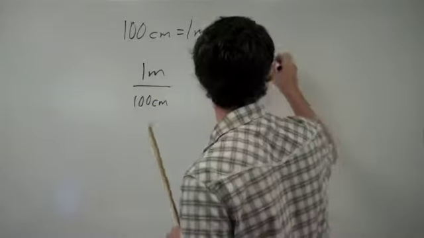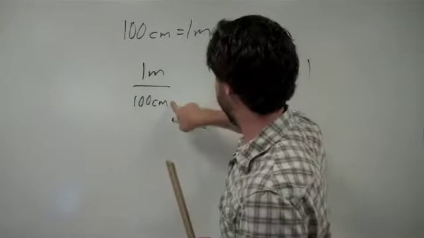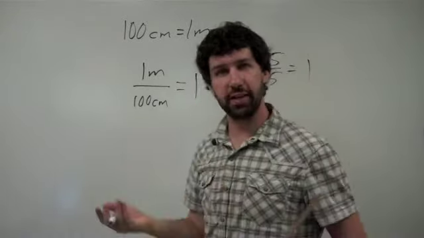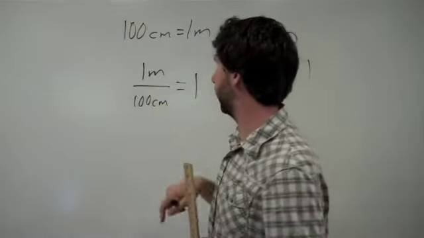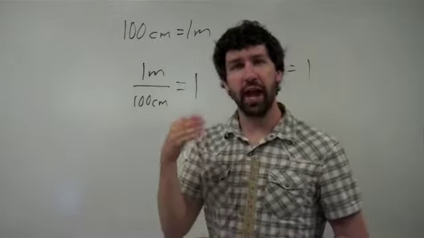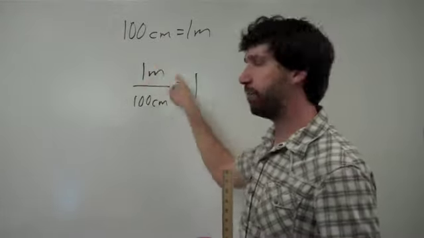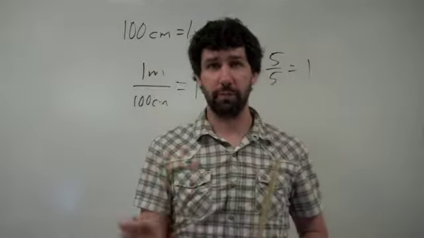Well, that's kind of like saying 5 divided by 5, which equals 1. So in fact, when I divide 1 meter by 100 centimeters, it equals 1. Now the nice thing about this is that I can take 1 meter over 100 centimeters and multiply anything by it, and I've got the same value because I'm just multiplying by 1. So we're going to do a lot of multiplying by conversion factors where we're only multiplying by 1.